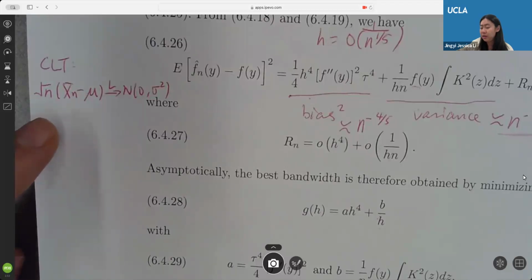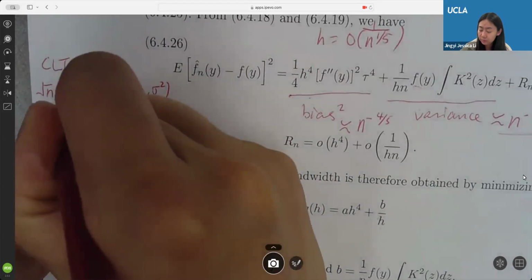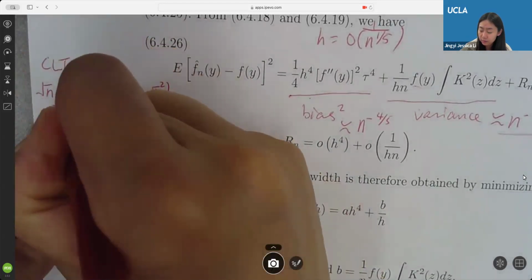For this estimator, the rate is, let me just put it this way.